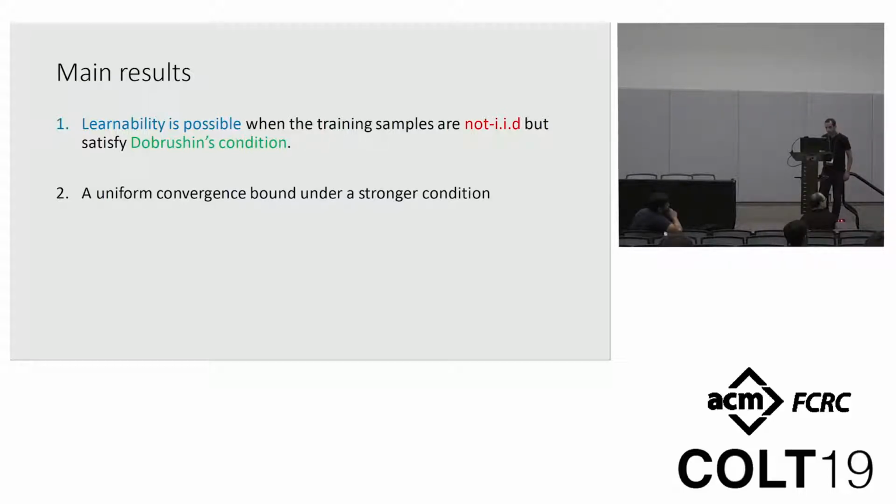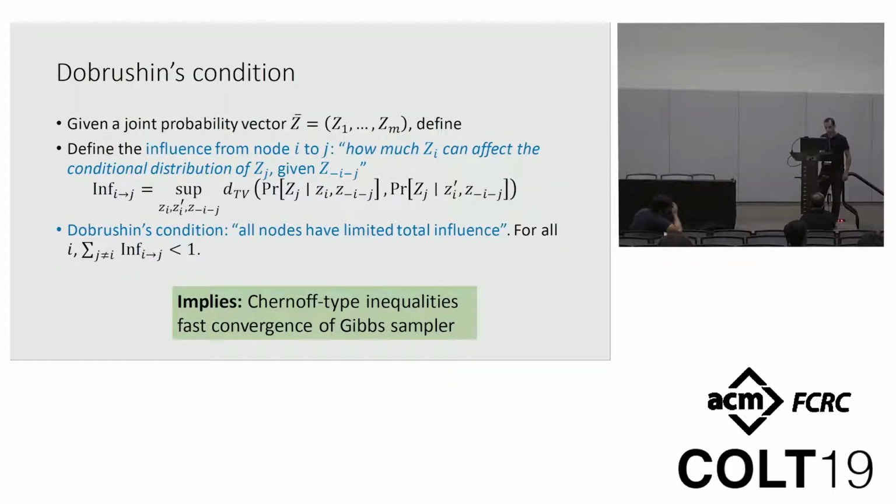So what is the Dobrushin's condition? This is a condition on a random vector. It says that the entries of this vector are only weakly correlated. Each entry we'll think of as a node in some correlation graph, and we define some influence notion between different nodes.